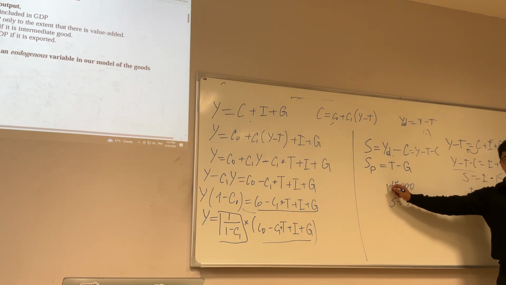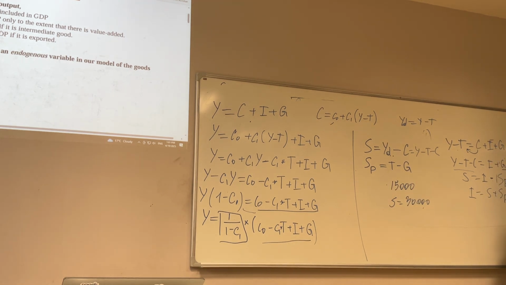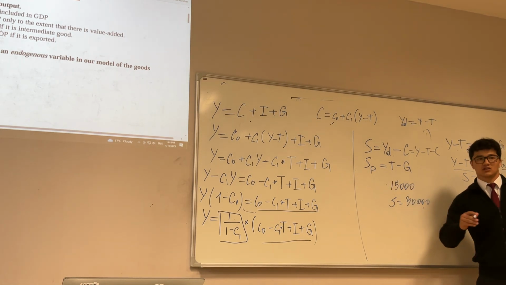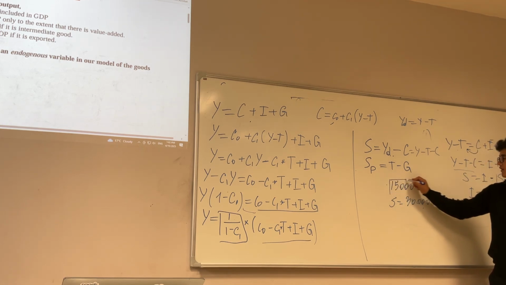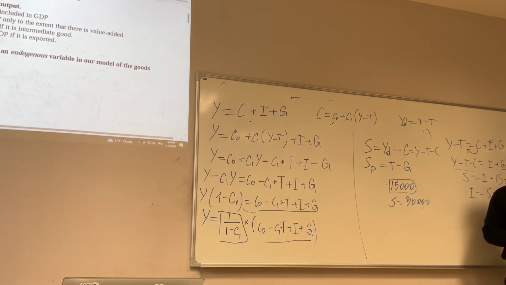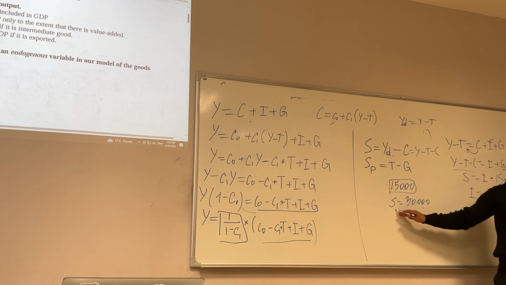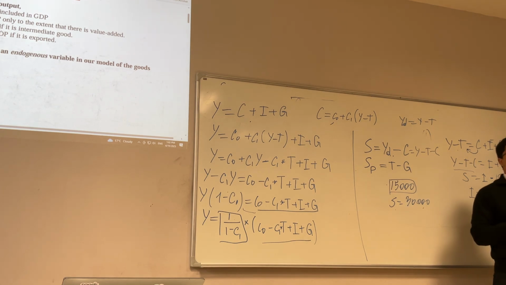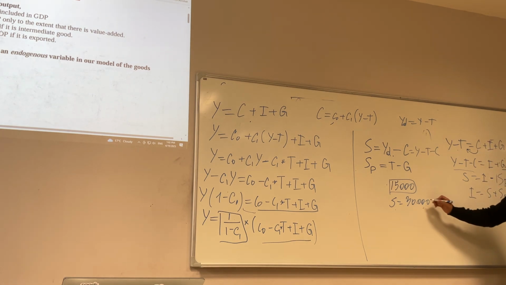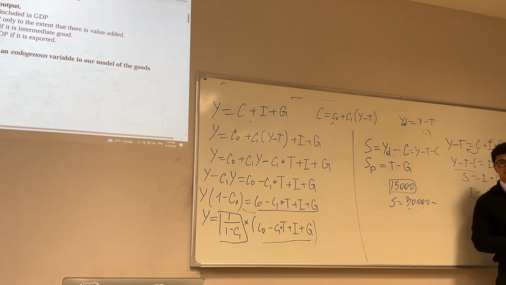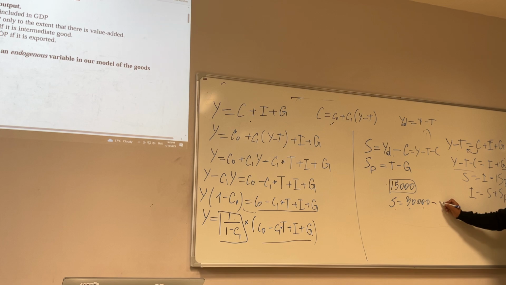The coal was an intermediate good, and coal's value added is $15,000. How about steel's? Steel's value added is total revenue minus intermediate goods value.